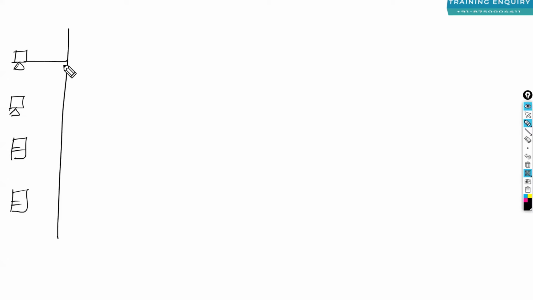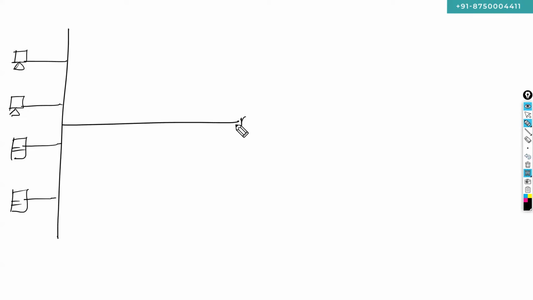The diagram is in this way: we have PC1, PC2, server 1, and server 2. They are connected with a switch, and that switch is connected with a router. That router can be connected to router 2.